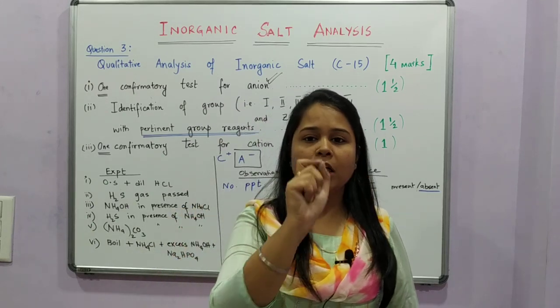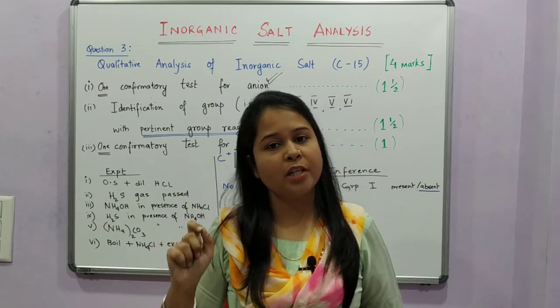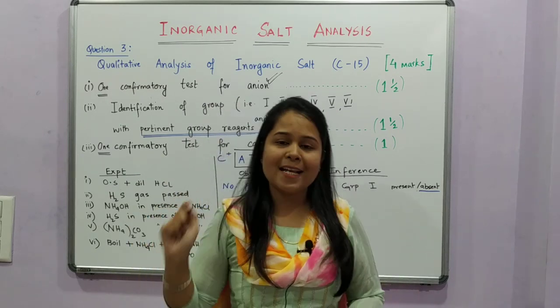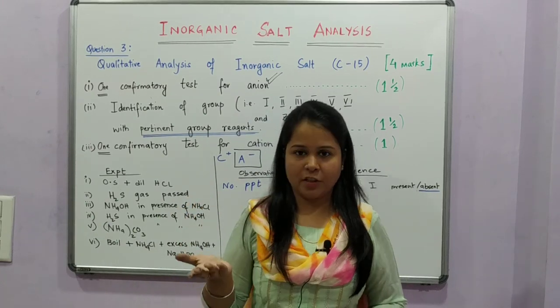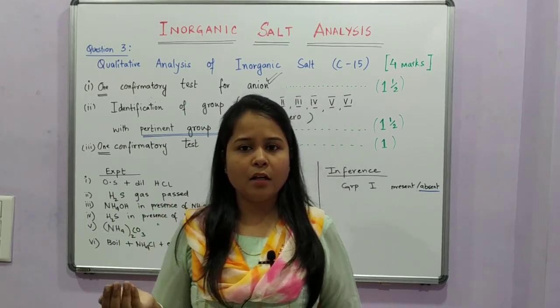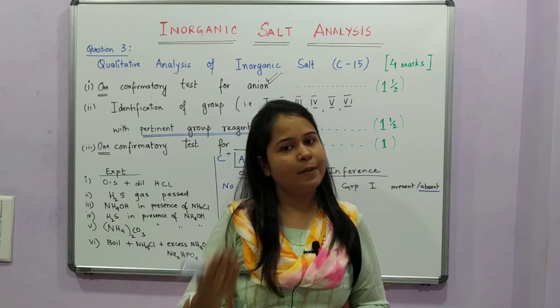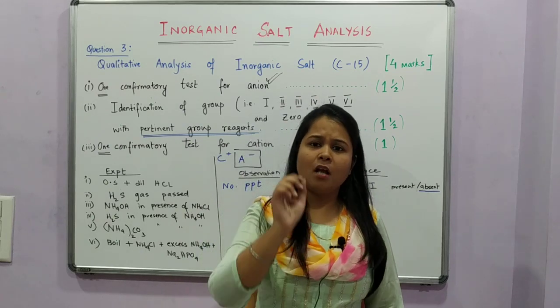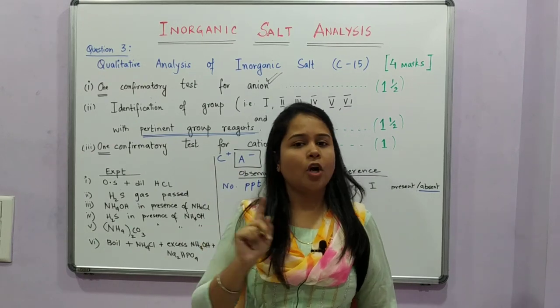Just writing curdy white precipitate obtained would not fetch you full marks. You need to write that it is soluble in excess ammonium hydroxide. This needs to be kept in mind. Again, similarly for the sulfate. For the detection of the sulfate anion, what do you add? You add barium chloride solution to get a heavy white precipitate of BaSO4. So just writing a heavy white precipitate obtained would not fetch you full marks.